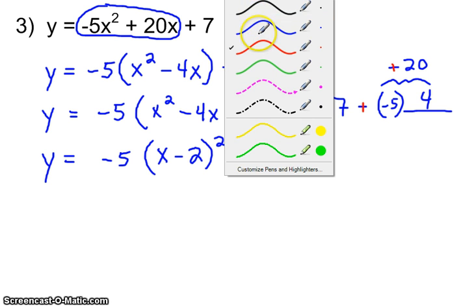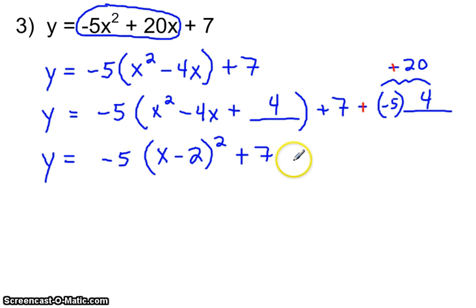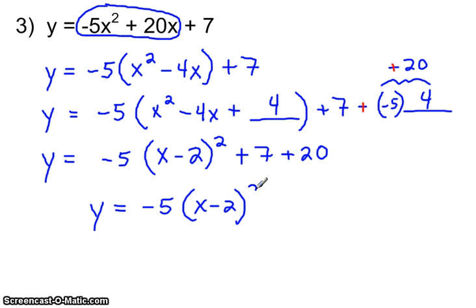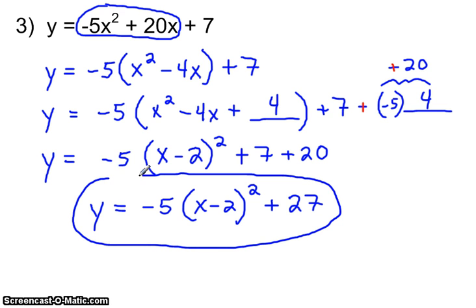So this would be plus 7 and then plus 20. And so finally, we're going to have y is equal to negative 5 times x minus 2 quantity squared plus 27. And that's it. So this is pretty much the same process. You just have to remember to multiply the second blank when you subtract by whatever you pulled out as a common factor.